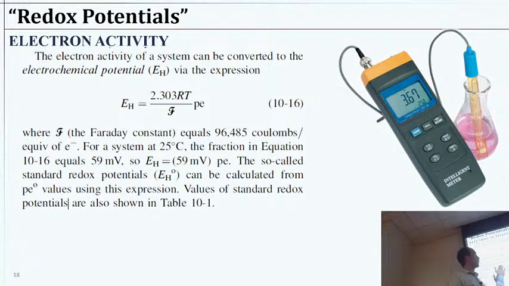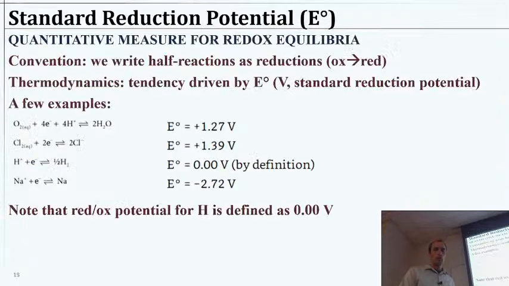We typically measure this in millivolts, and this is where we can get the so-called standard electrical potentials. If we put the system in standard conditions, 25 Celsius and so on, we get these pe naught values, these standard potentials that we'll take a look at.